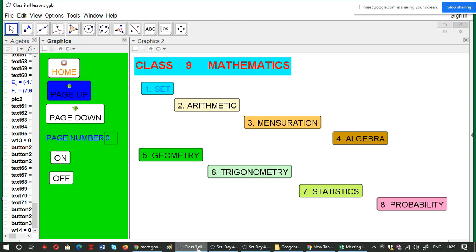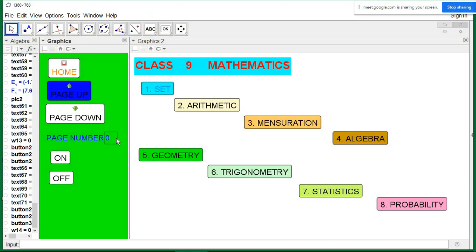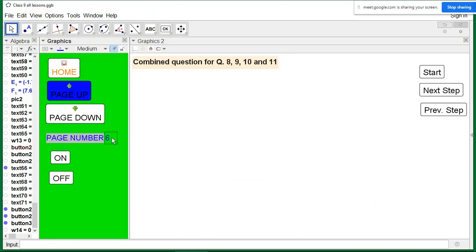I will go to page number 6. I have prepared some solutions, some guidelines for questions 8, 9, 10, because you may have some problem on them, I guess.